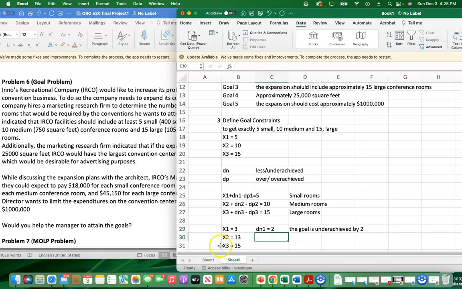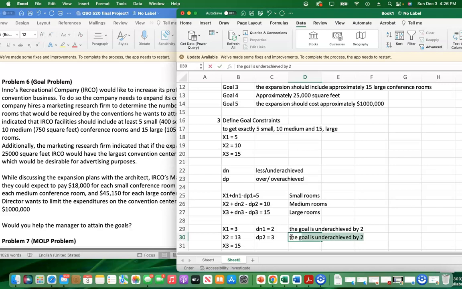So how about x2? In this case, we are supposed to get 10, but we're getting 13. So we have more than what we were expecting, and therefore dp2 here is 3. dn2 is 0. The same here, dp1 is 0. So we have 3 additional conference rooms than expected.